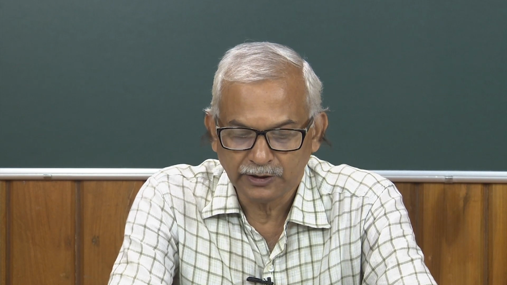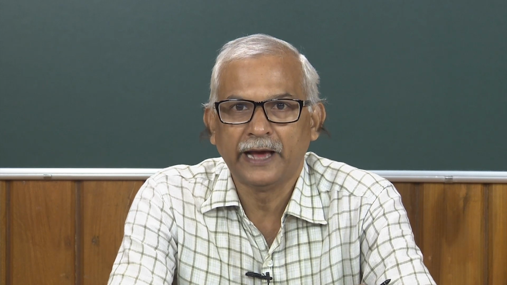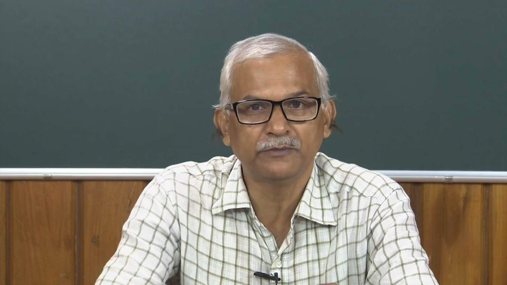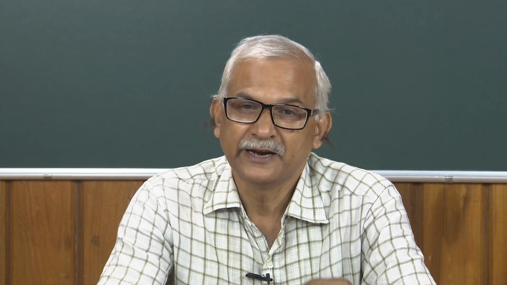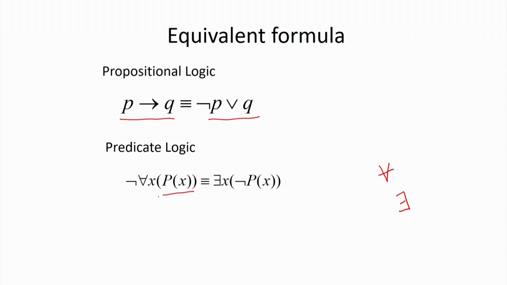Now, there is a relationship between for all and there exists. If the negation of for all x P(x) is true, then we can say that there exists at least one value of x for which P(x) is false.